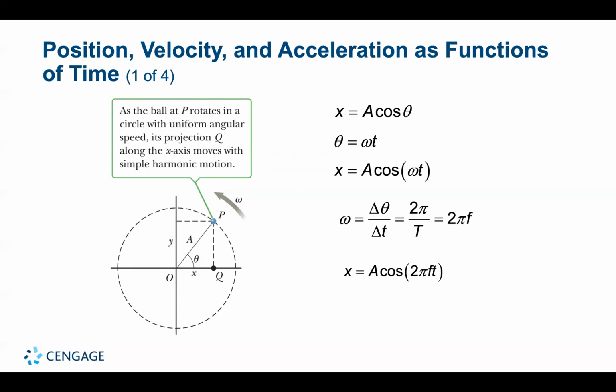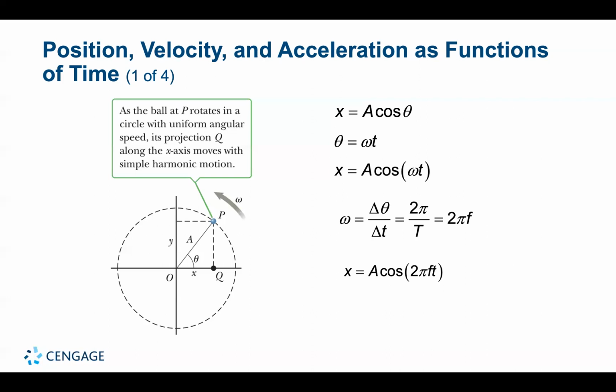As the ball rotates on the reference circle, you can see that the angle theta made by the line OP with the x-axis changes with time. At the same time, the projection of P on the x-axis, labeled point Q, moves back and forth along the axis with simple harmonic motion.